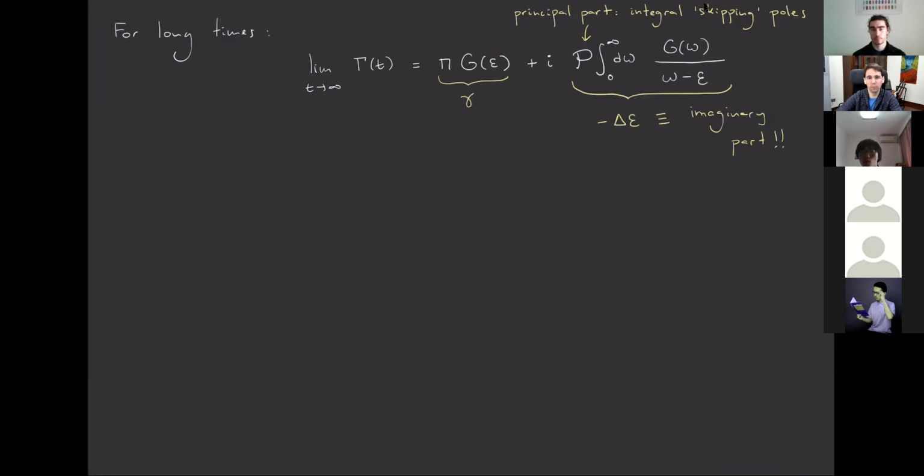So if you allow me to use this expression, we check what happens for long times, then the final form of the master equation looks like this. The atomic state evolves, in the interaction picture, according to this expression.